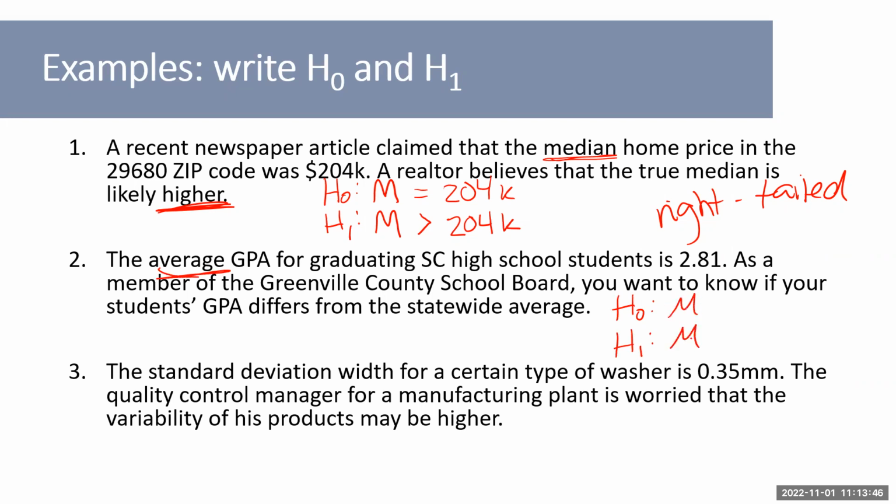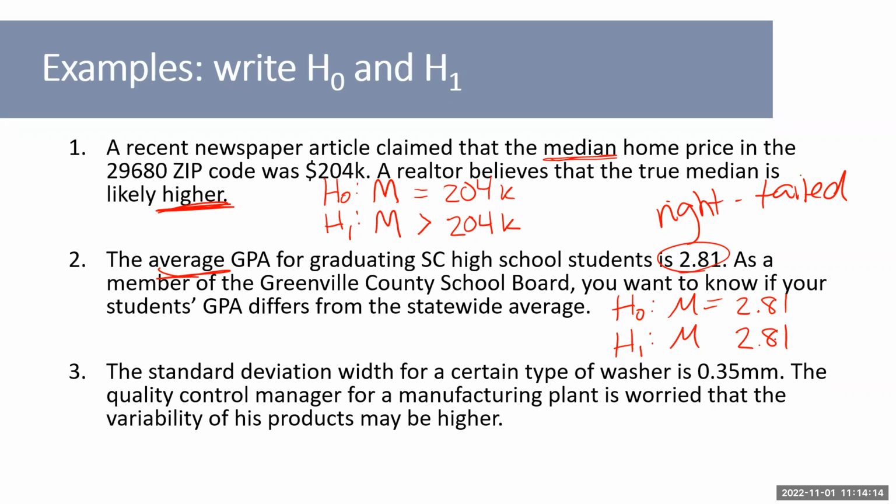So I'm going to go ahead and write mu here. And remember that my null is always going to be equal to something. So if nothing's going on, what does that mean equal to? Well, it's the same as the rest of everybody else. It's equal to 2.81. Now to write my alternative, remember the only thing that varies is the sign. So I'm going to go ahead and write 2.81 down here, and that'll make my life easier. Now I just have to decide the sign.